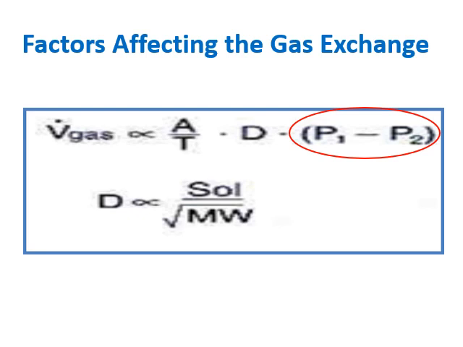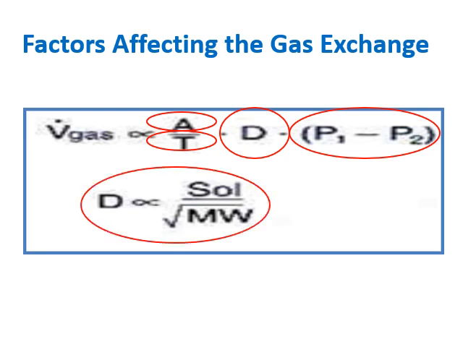Also, it's directly proportional to the diffusion coefficient and to the surface area available for the diffusion. It's inversely proportional to the thickness of the membrane. Note that the diffusion coefficient of a gas depends on the molecular weight of the gas and the solubility of the gas.